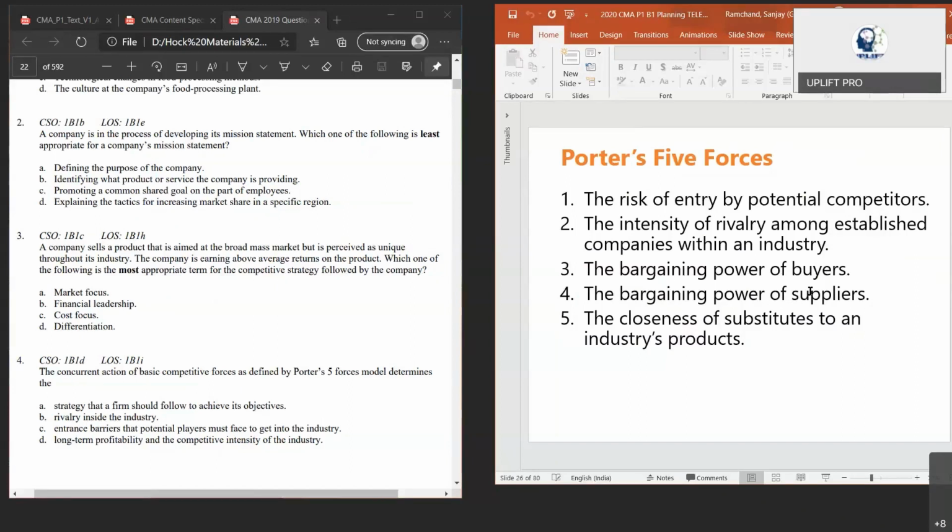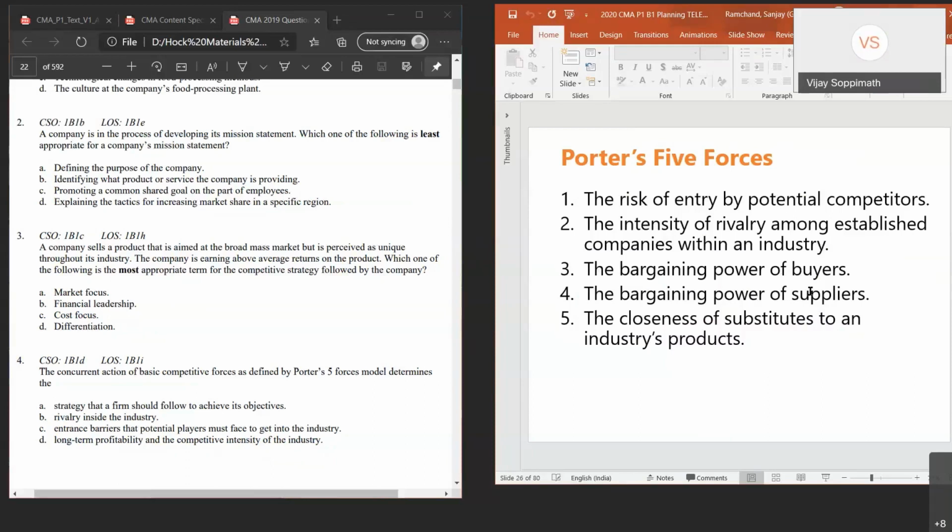What happens now? It cuts the share in my market. So what happens when it cuts the share in your market? Reduction in the profit. Exactly, right? So the link is between the competition and the profit.